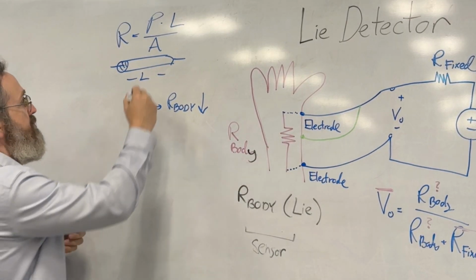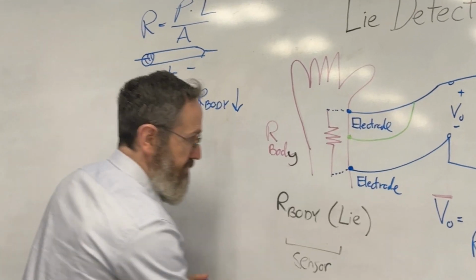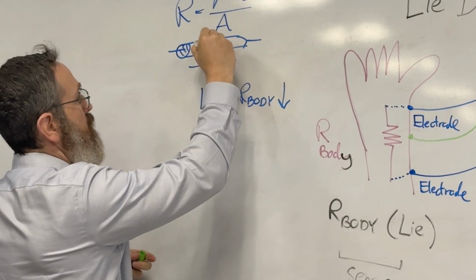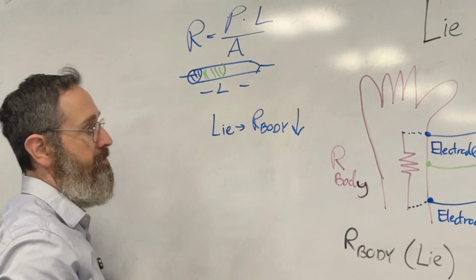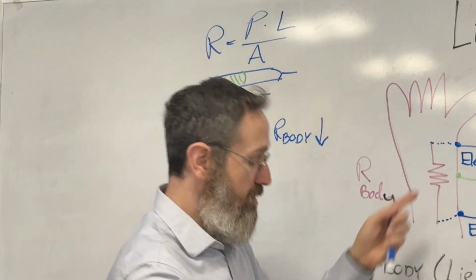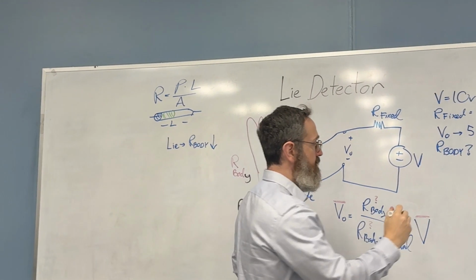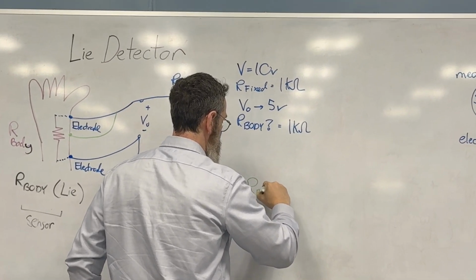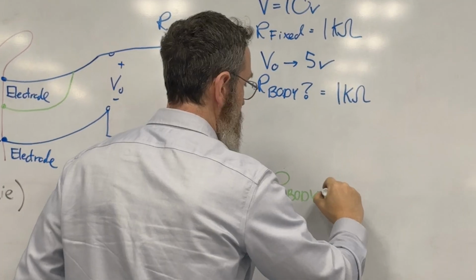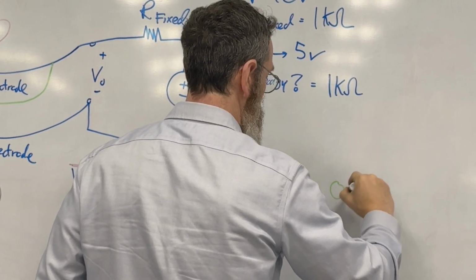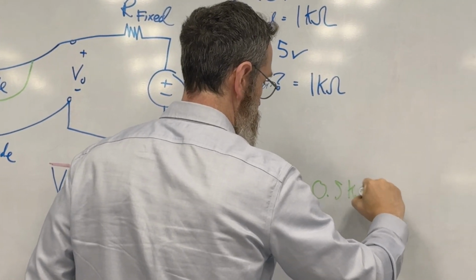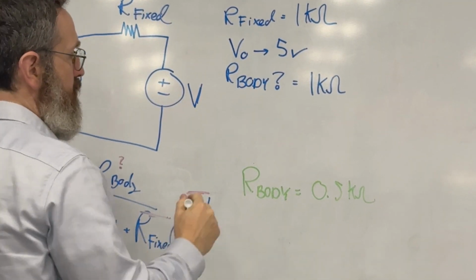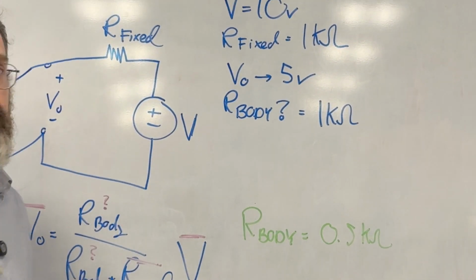Because we're measuring from, it's like having a shorter tube. So if you do this, I'm going to put this in green. Here, the resistance of the body is in fact 0.5 kilo ohms, and you would know that because you would have measured a different voltage out.